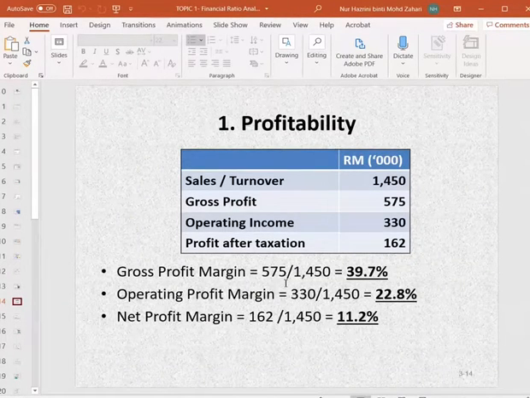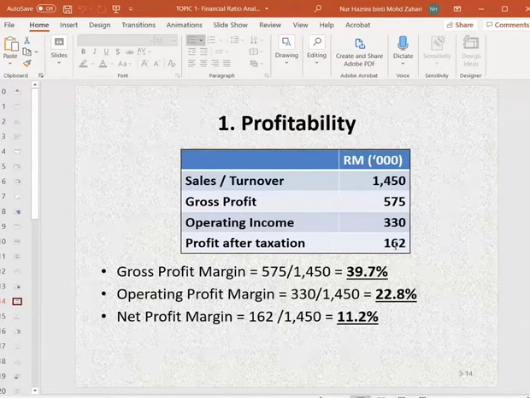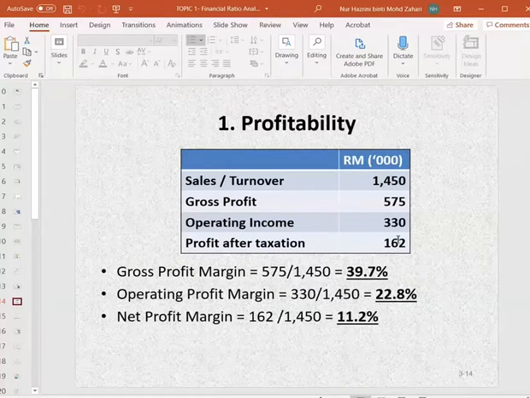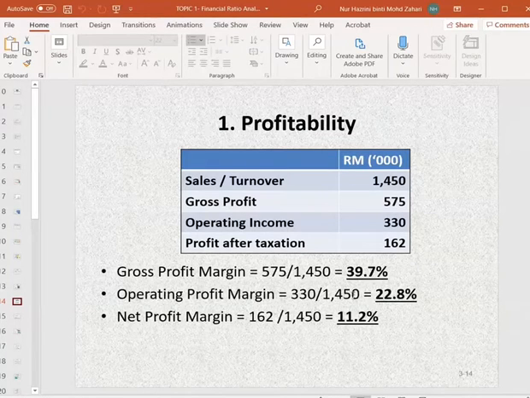For operating profit margin, you need the operating profit. Remember, your operating profit is the profit before you minus any interest and tax. So if in your expenses you already have interest, you need to add back the interest to get the operating profit. Operating profit 330 in this example, divided by sales, gives you 22.8%.